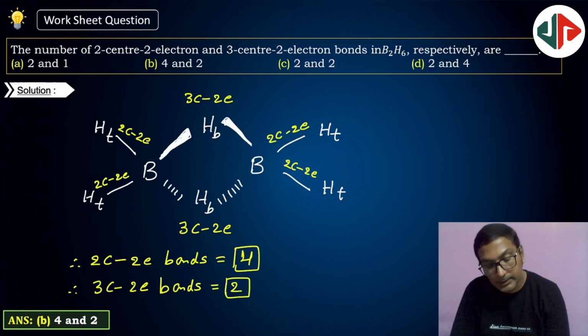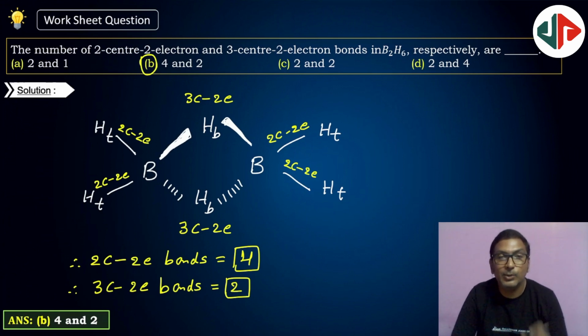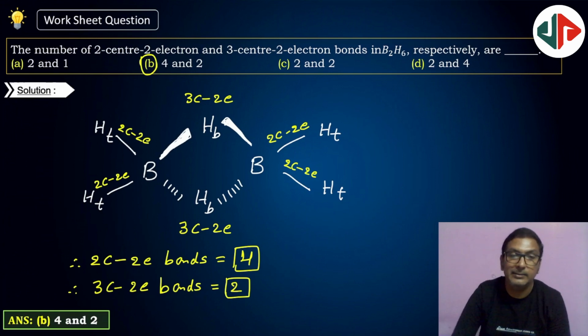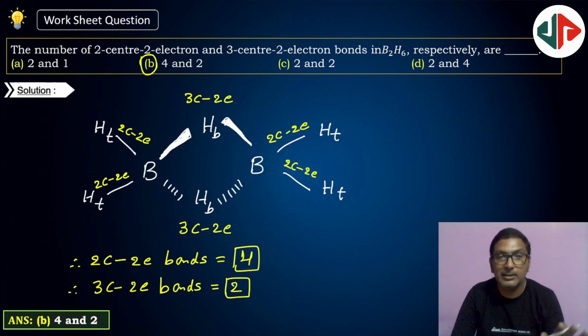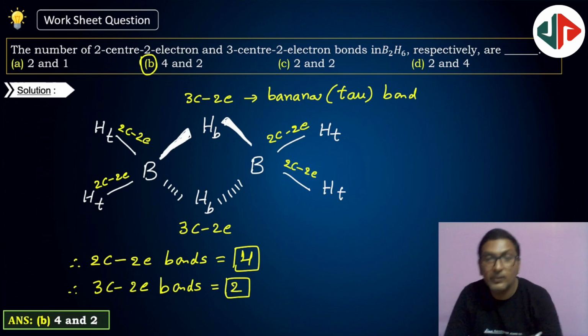So option B. This model is very, very important. In any way they can ask questions, number or structure they can ask. So this bond is also known as banana bond or tau bond. Important.